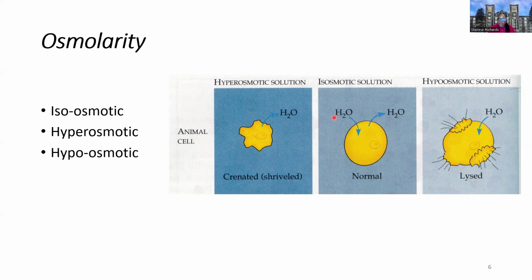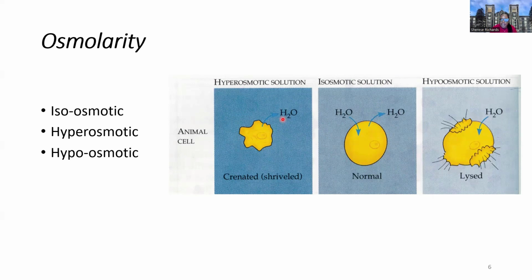Ideally, in our cells, this should be an isoosmotic situation where there's movement of water from one direction to the other, but there's no net flux or net accumulation of water on either side. So in the hyperosmotic example here, water leaves the cell, shrivels up, and the cell dies. Okay, if we kind of think about the clinical picture of what this looks like, this is going to lead to dehydration.